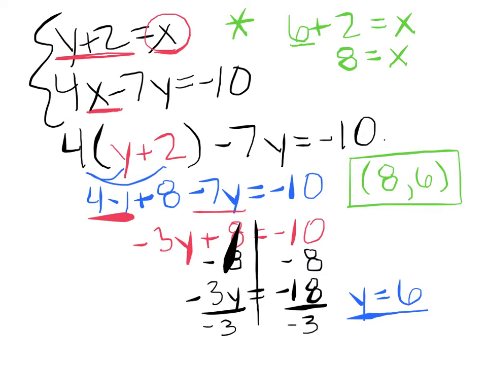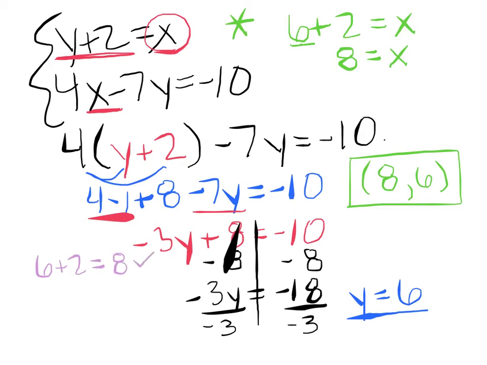Now, if you're wondering, did I really do this right? That was a lot of work that went on. How can I check my answer? You can always check your answers by plugging them back into the equation. I'm going to do that on this example. And yes, I know I'm running out of space, but we'll be able to do it. I'm just going to do it in the corner here in another color. y plus 2 equals x. So we said that y was 6. 6 plus 2 equals x, which is 8.